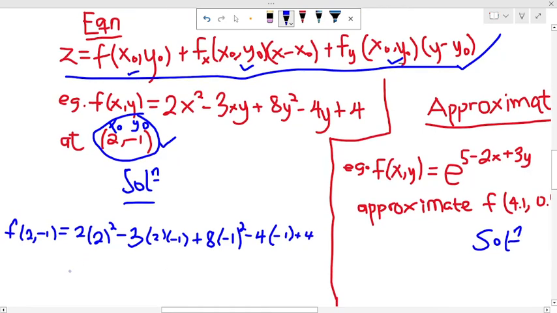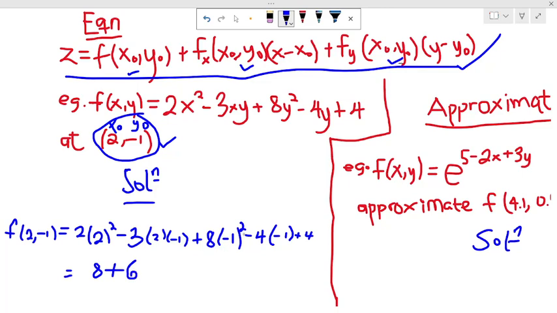Now let's evaluate. 2 squared times 2 gives us 8. Now -3 times 2 gives us -6, and -6 times -1 gives us +6, because a negative times a negative is positive.